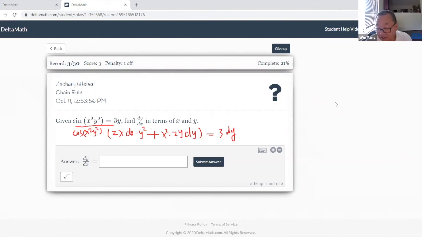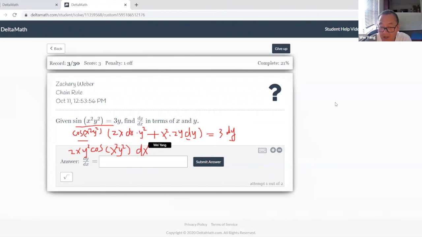Then they ask you to find dy over dx. So first, we need to distribute this cosine of x squared y squared. Then you need to find the like terms related to dy and put them together. So first, distribute this one inside our parentheses. The first term will be 2x times y squared, then times cosine of x squared y squared, then this one times dx.